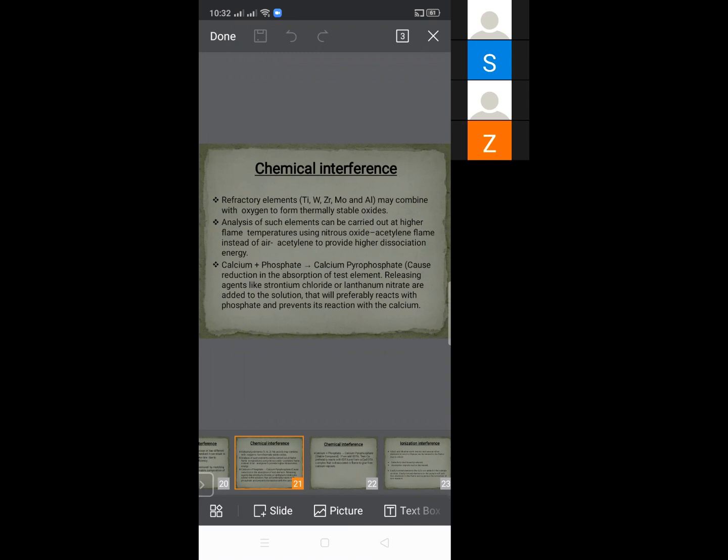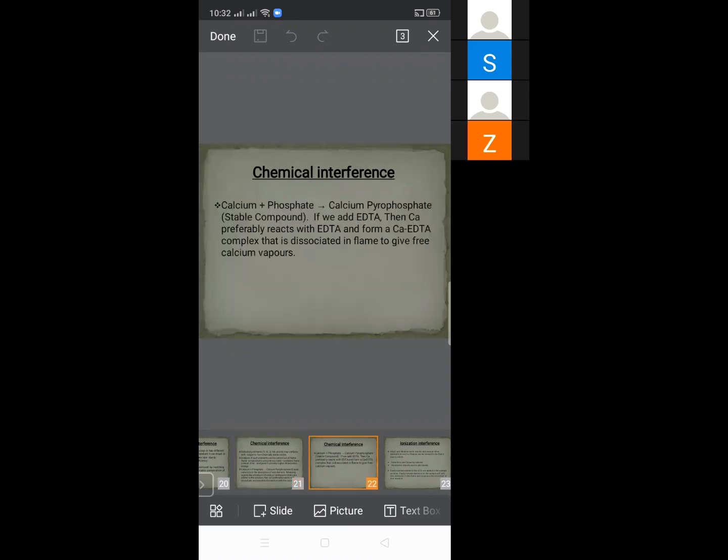element. Next, the same chemical interference occurs when calcium reacts with the phosphate to form calcium pyrophosphate. To overcome this type of interference, we can add EDTA solution, which reacts with the calcium and forms a calcium EDTA complex that is dissociated in the flame to give free calcium vapors, because the compound formed previously, calcium pyrophosphate, is a stable compound and cannot be dissociated easily.